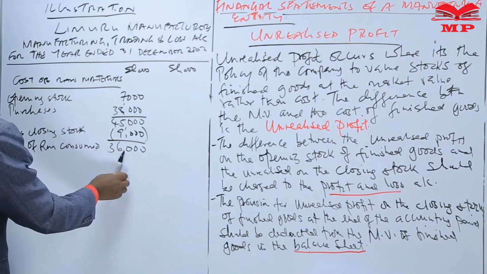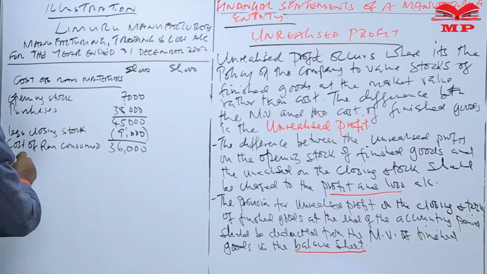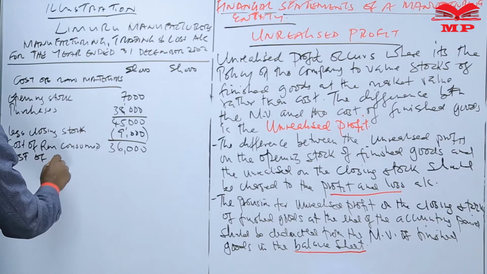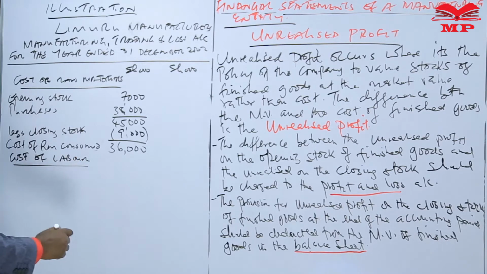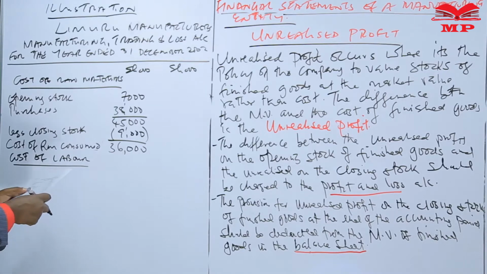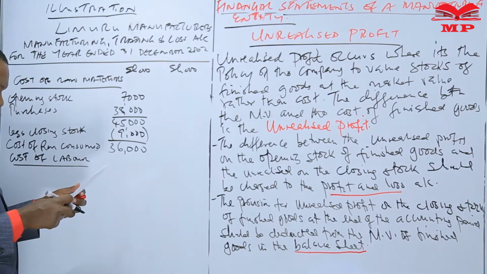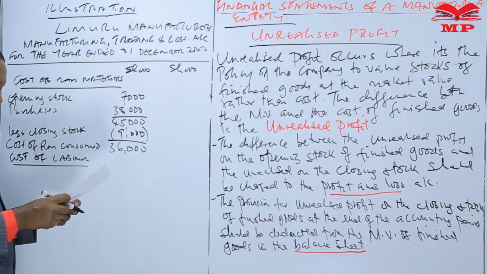After determining the cost of raw materials consumed, we can now calculate the cost of labor. Now the cost of labor is 28 million, but note number 4, we have accrued direct labor of 3 million.